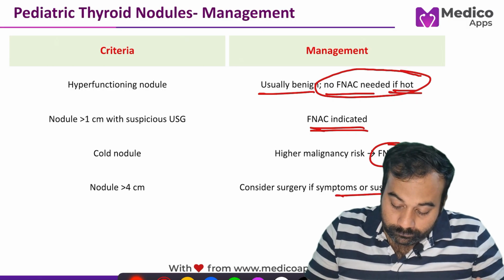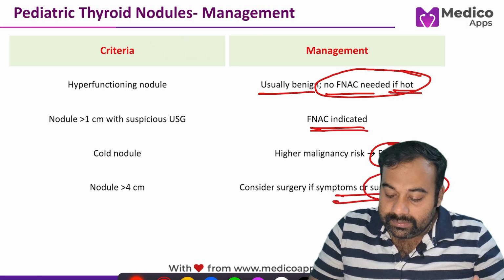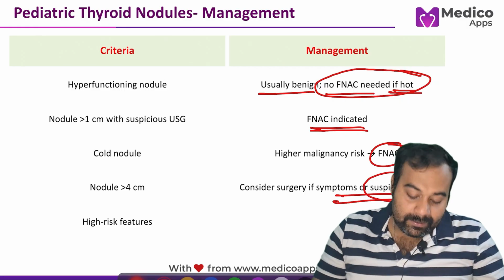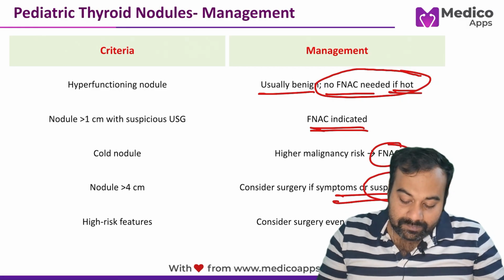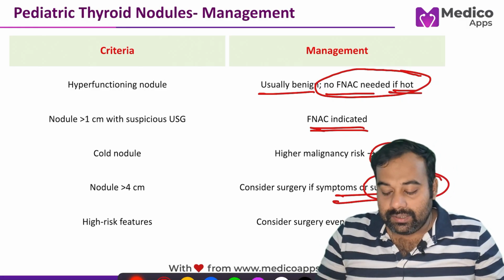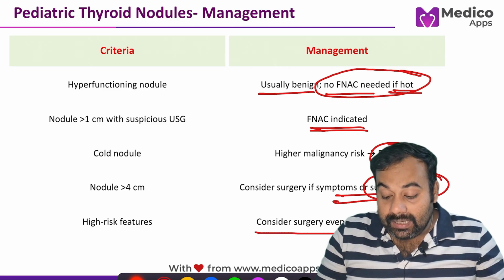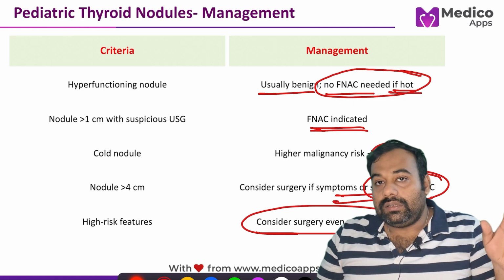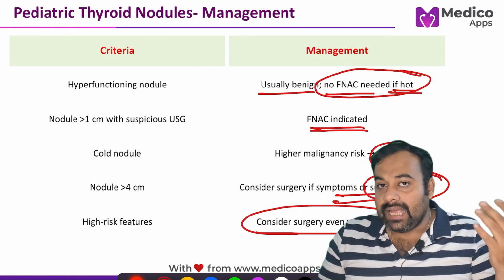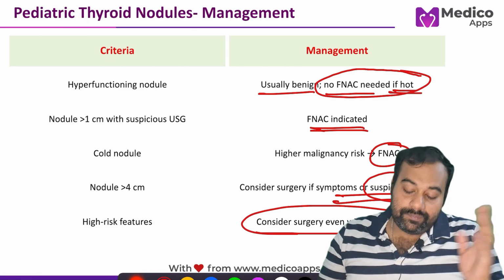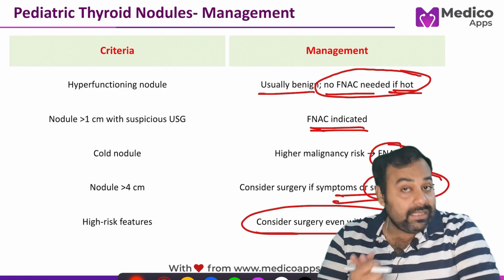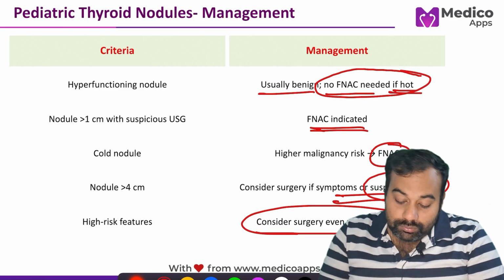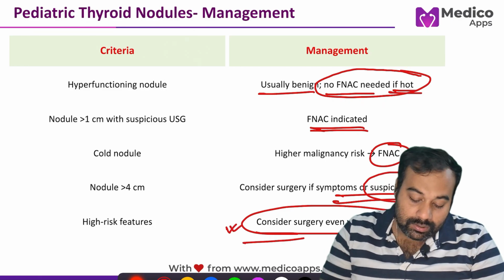Or there is a suspicious FNAC report, in that case. Now, with high risk features, obviously consider surgery even with a benign FNAC. If the USG report says it's a high risk lesion, but while doing the FNAC you encounter a benign lesion, in that case also you do need to consider surgery, right?